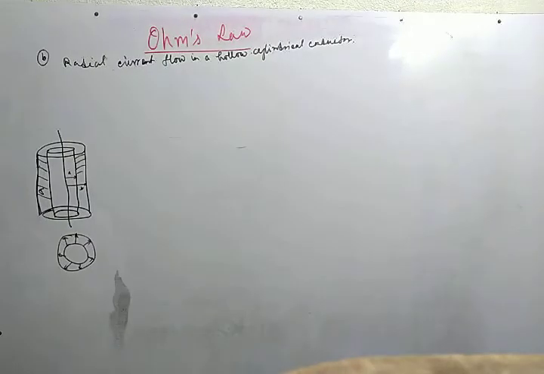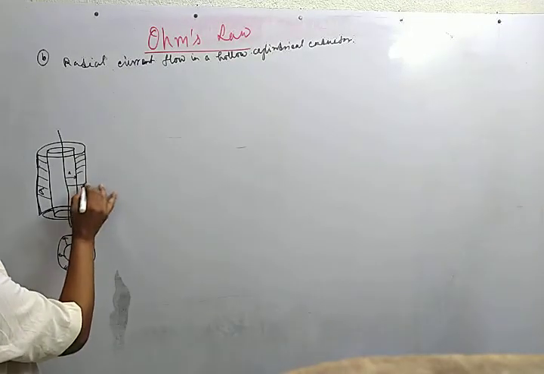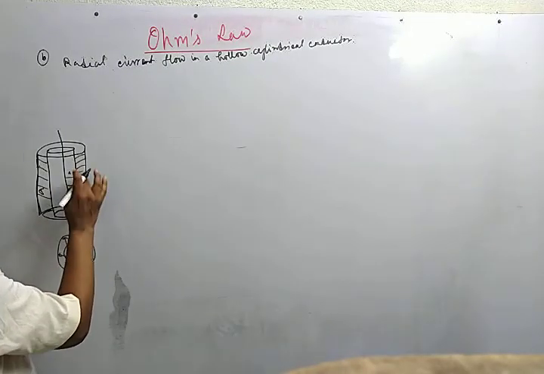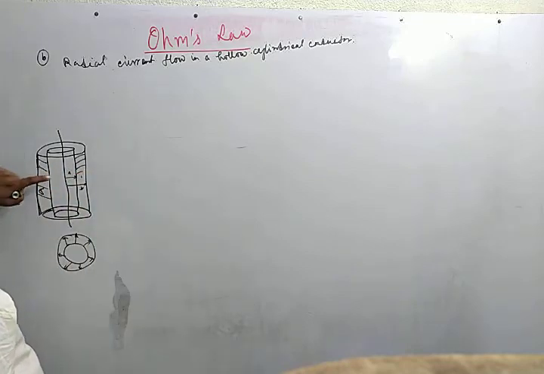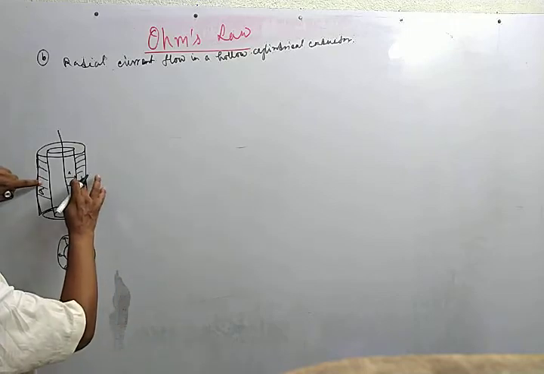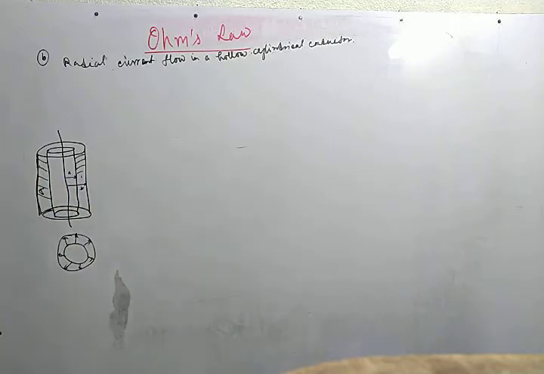So if we consider this region, that is the region in between the two shells, that is within the material, then we can find the electric field in this region using Gauss's law.